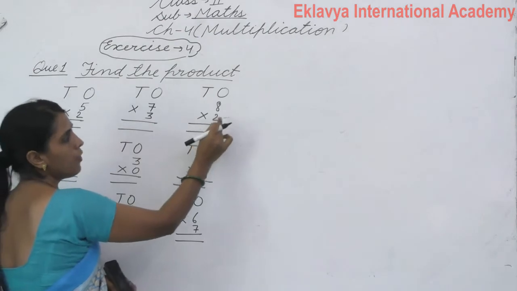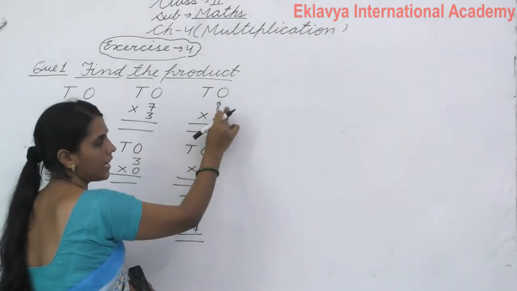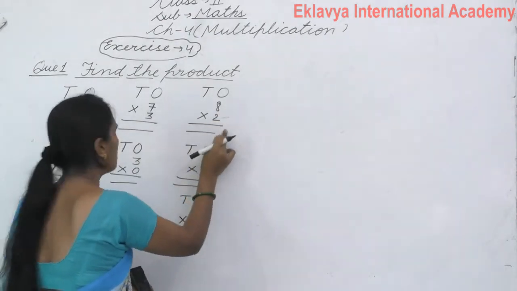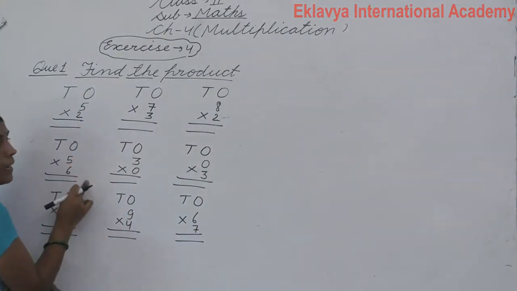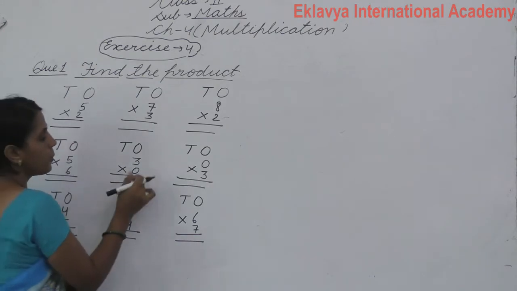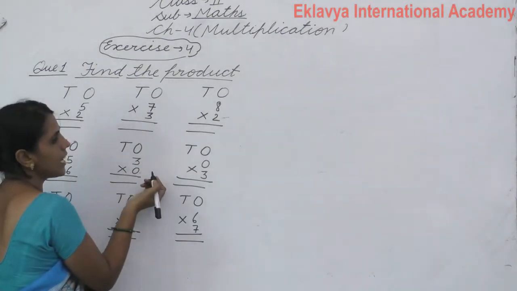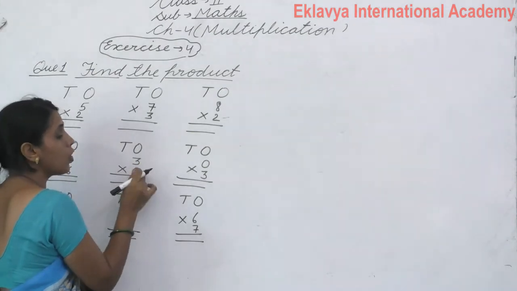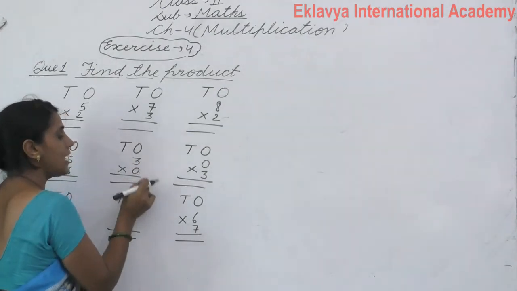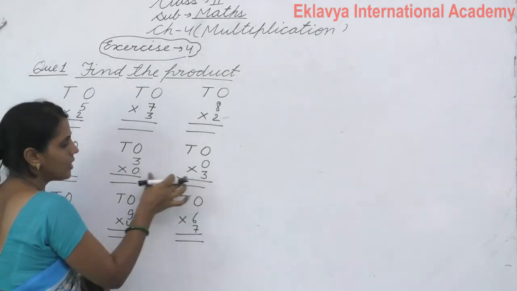Okay, next, we will speak table of 2 till 8. Your answer is 16. Yes, we will speak table of 6 till 5. Tell me, 30. And we will speak 0 table. So your answer is, tell me, if we multiply any digit by 0, what will you get? You will get 0. That is also 0 property.